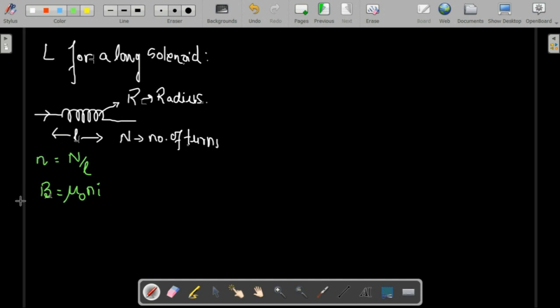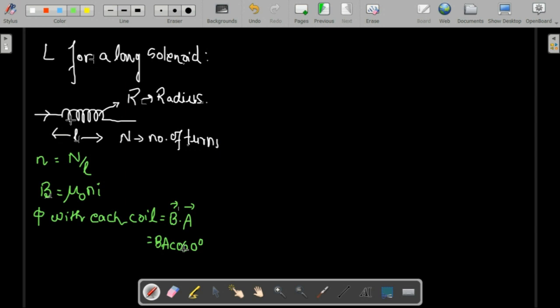If we talk about the flux with each coil, phi with each coil, that is nothing but B dot A, which is BA cos theta. Theta is 0 degrees here.